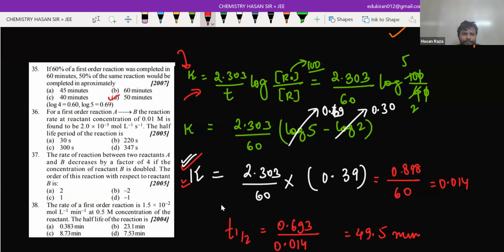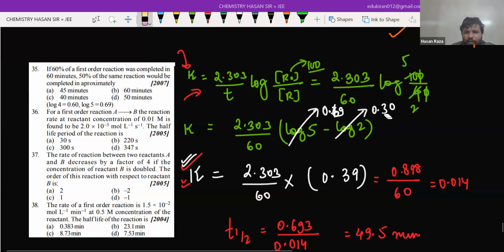Are you getting my point? Just wait a minute. Is there any mistake? Because the answer is something else. 2.303 and 0.39. What did this say? 50% of the same reaction would be completed. 50% is half time.